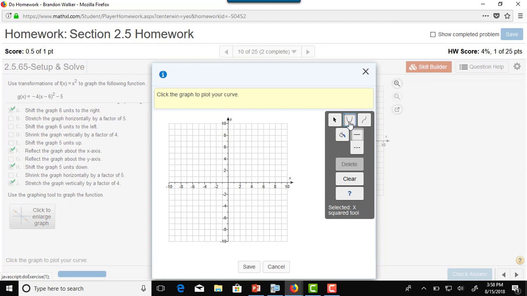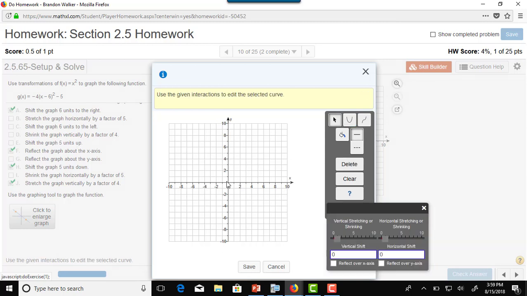Once I click on that tool, then I can just click, and that'll bring the parabola up for me. So you want to click on the squared tool and then click over here on your graph. It doesn't matter where you click on your graph, it'll just make that appear. And then down here is where you do everything that it wants you to do.